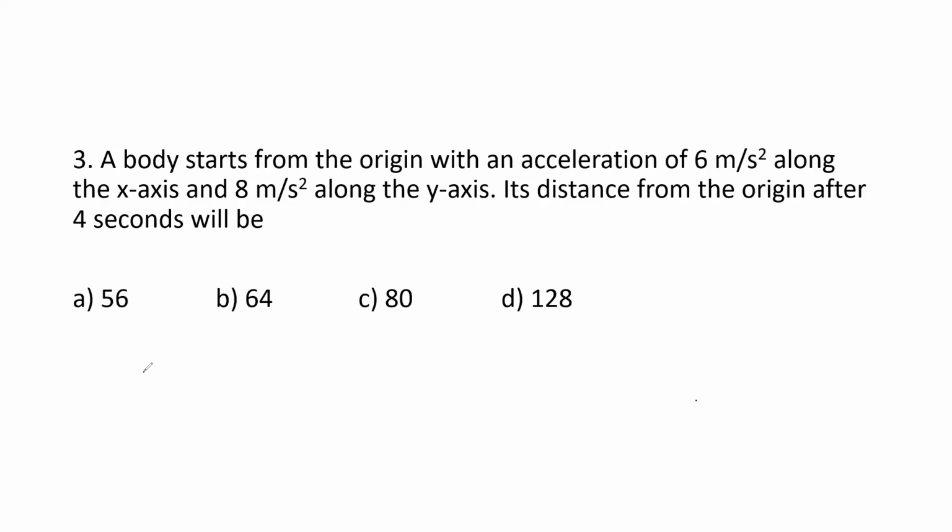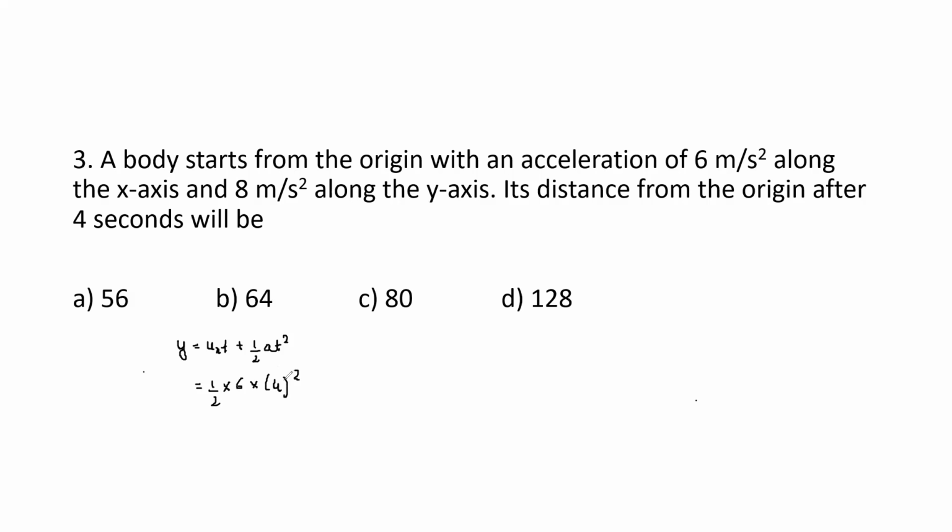That is given by, x is equal to ux into t plus 1 by 2 at square, which is equal to 1 by 2 into 6 into 4 whole square, because time is given as 4, right?